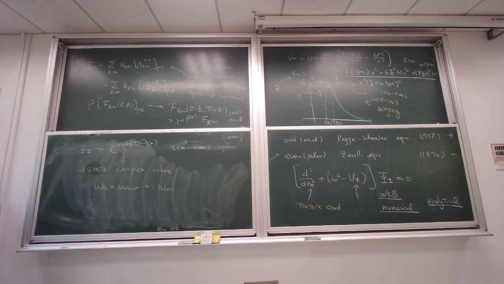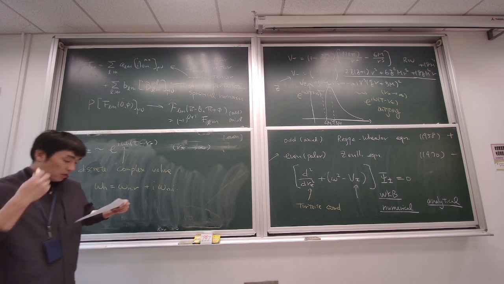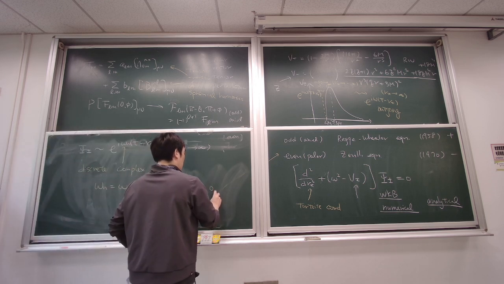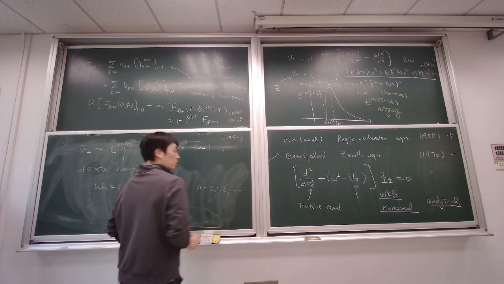So this is the form. n runs over 0, 1, 2, and so on.